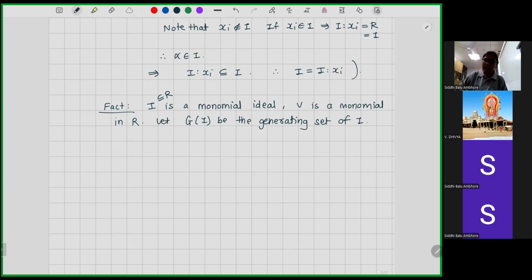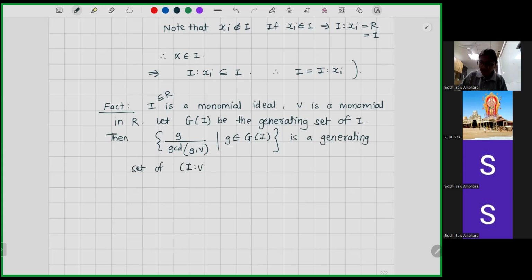So this G_i is the generating set of I, and then the set of G divided by GCD of G comma V, such that G belongs to this generating set of I, forms the generating set of I colon V.